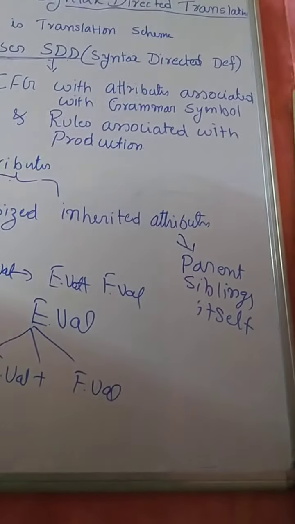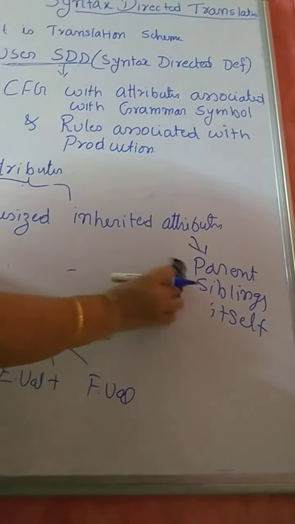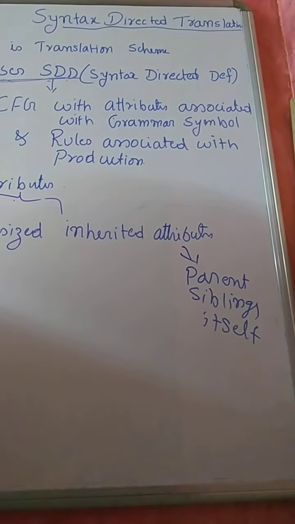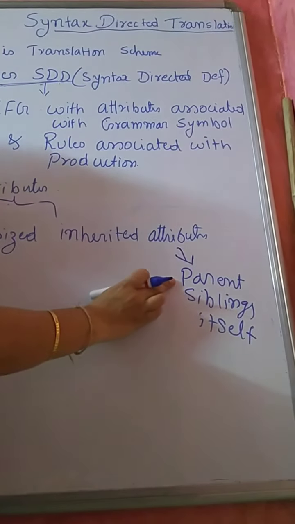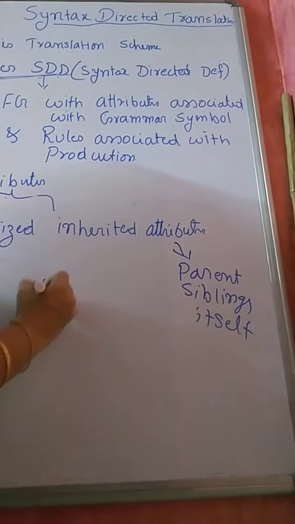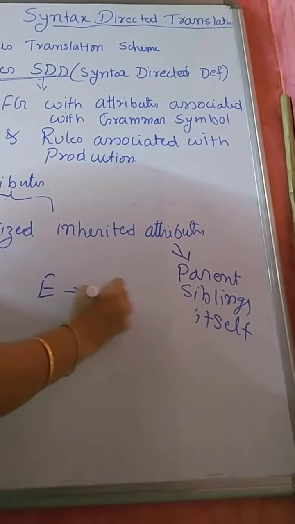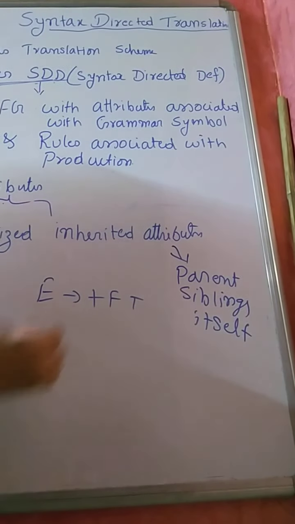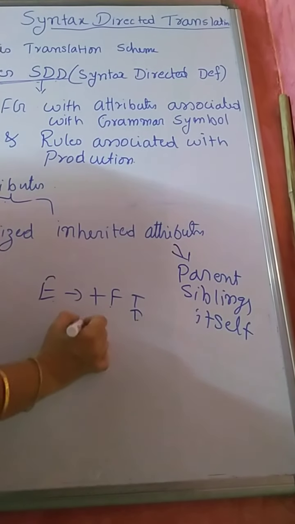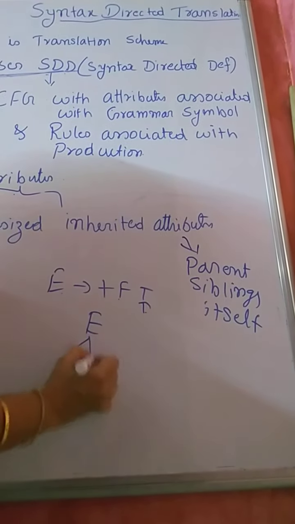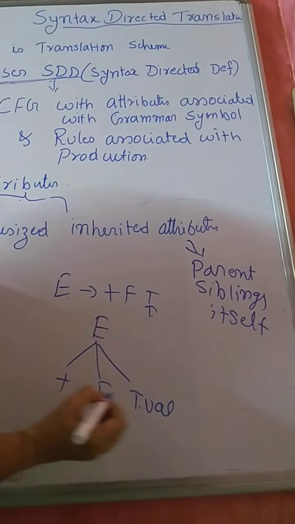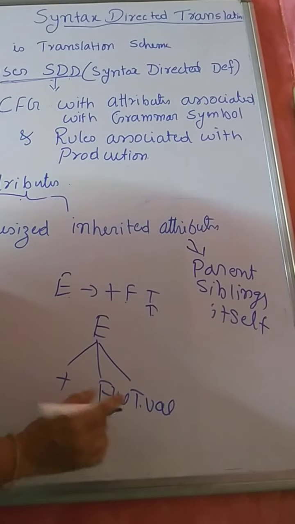Inherited attributes are attributes where you evaluate the value associated with a non-terminal through the value of their parent, or through the value of their siblings, or by itself. For example, if I have a production like this, and the value of this depends on the value of this or this, for example, plus F T. Suppose the value of this depends on the value associated with this.